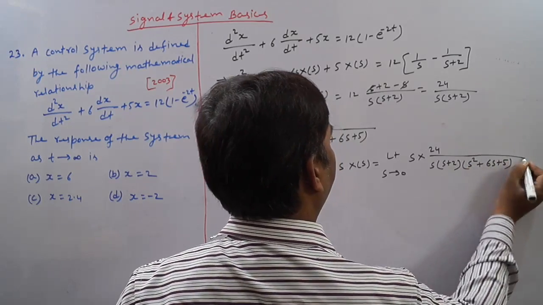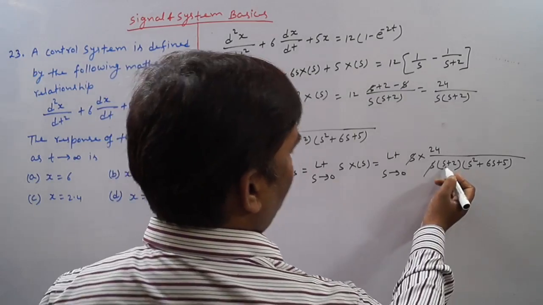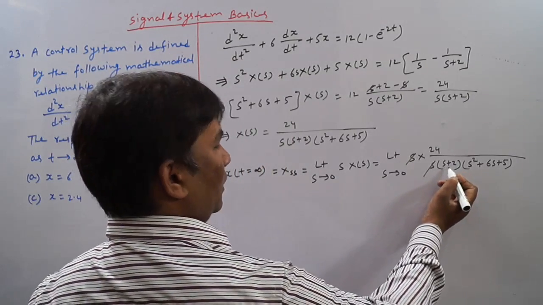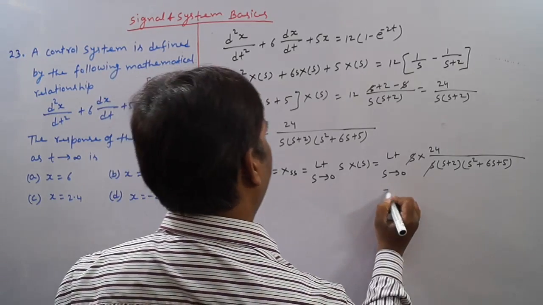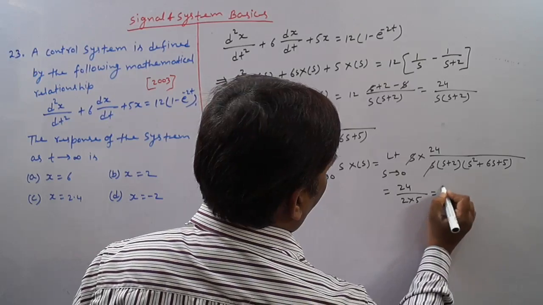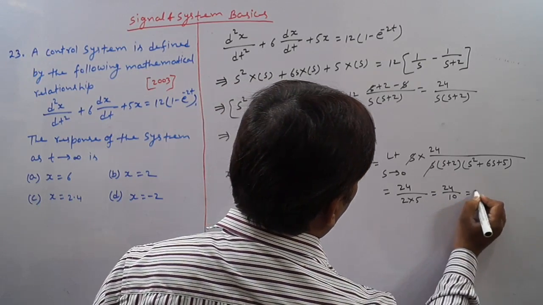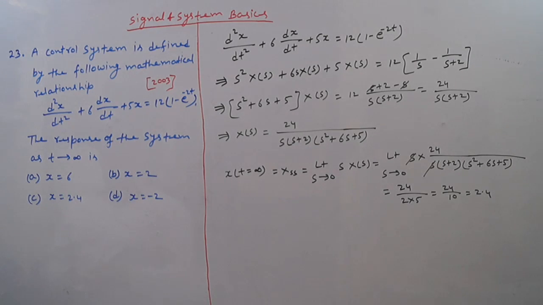So s will cancel out, and if we put s equal to 0, then in the first bracket 2 will be left, and in the second bracket only 5 will be left. So 24 divided by 2 into 5, that is 10. So 24 divided by 10 will be equal to 2.4. So the correct option is option number C.